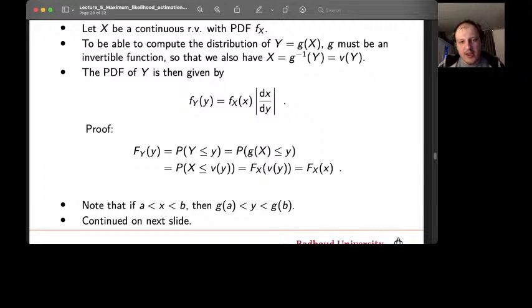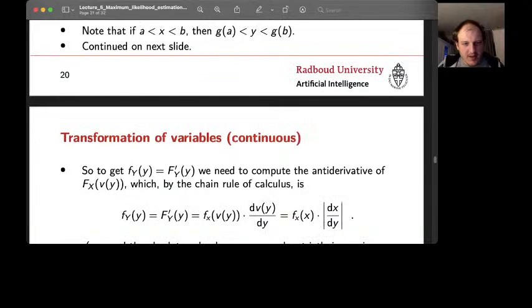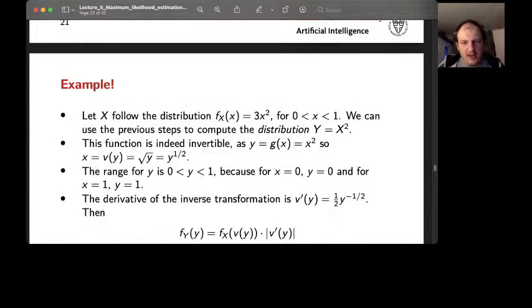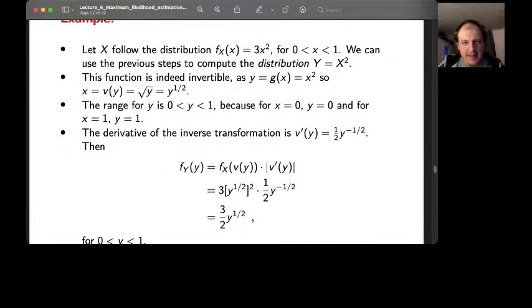So this is just mathematical proofs, but the general process of how you do that is: you have your probability distribution, here 3x squared, and then you want to express x in terms of y to get the appropriate transformation.